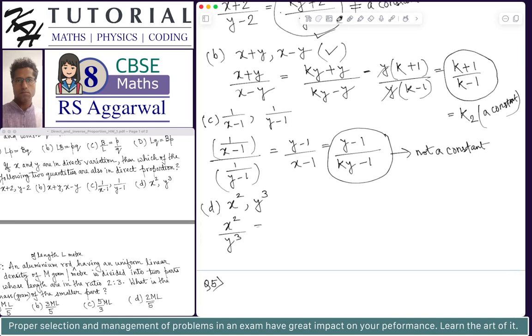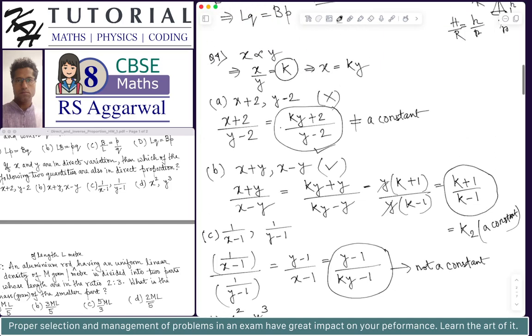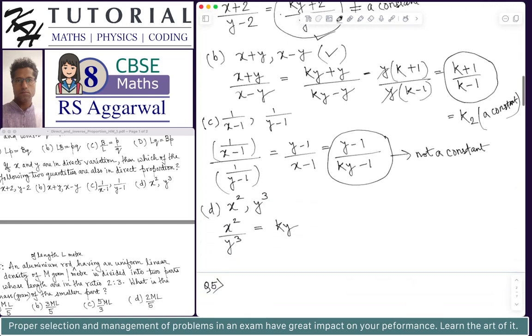This is equal to, we will substitute x as ky, since we know that x by y is equal to k. So this is k square y square divided by y cube. This is equal to k square divided by y.